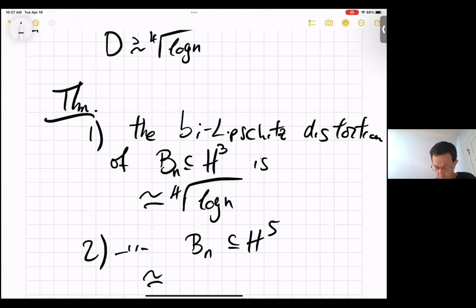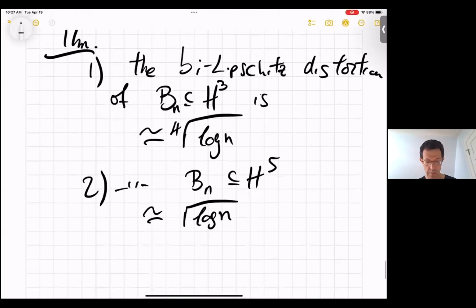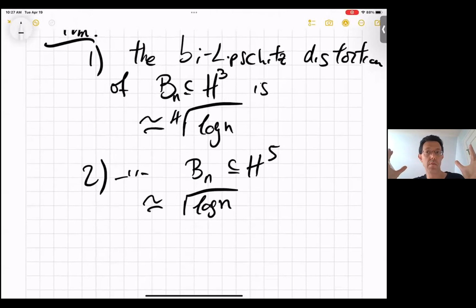If you do the same computation, you get just a square root of log n. So this is a finite graph, which we showed cannot be represented as points in L1.